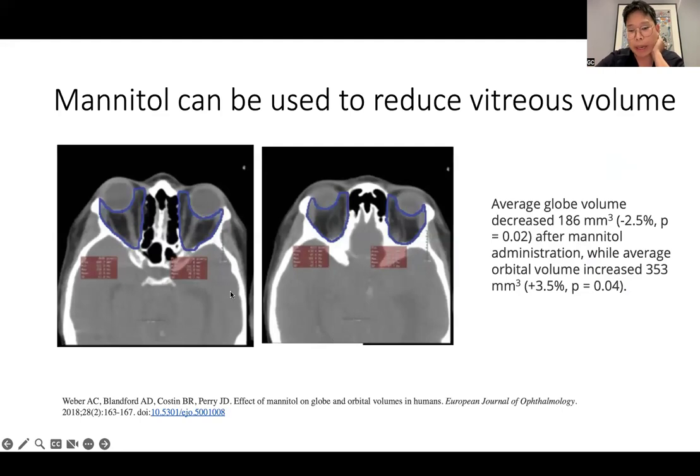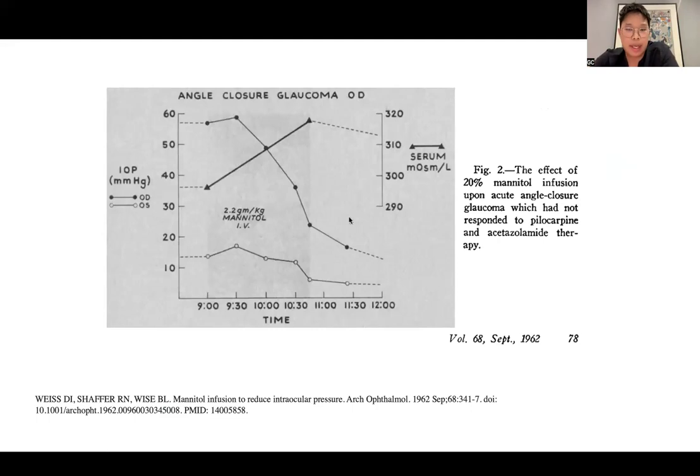Here's a radiology-led study which shows the reduction of globe volume, predominantly from the vitreous cavity after you infuse mannitol, whereas it increases the orbital volume. So it draws fluid away from inside the eye, and that can help our patients.